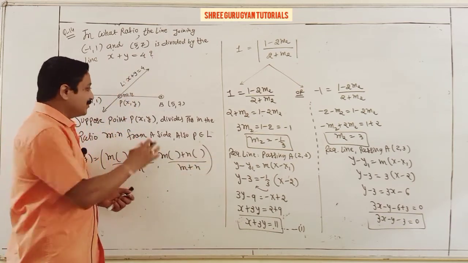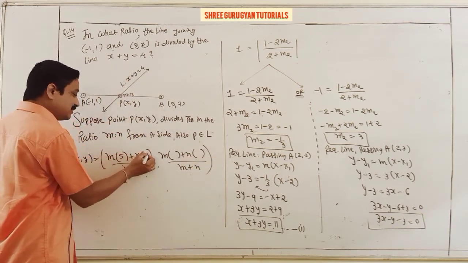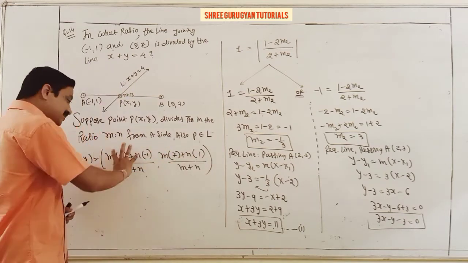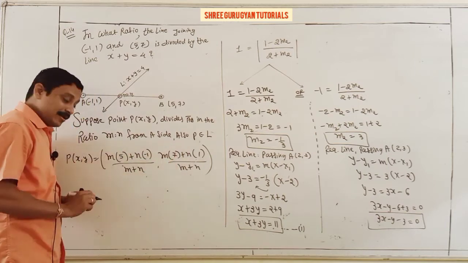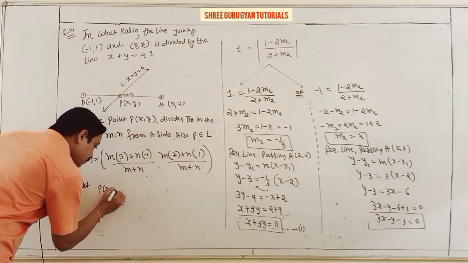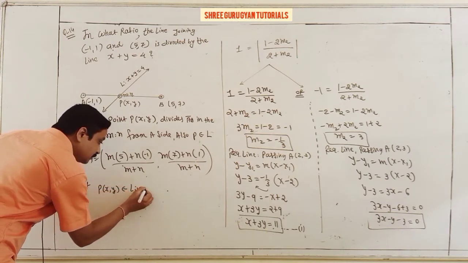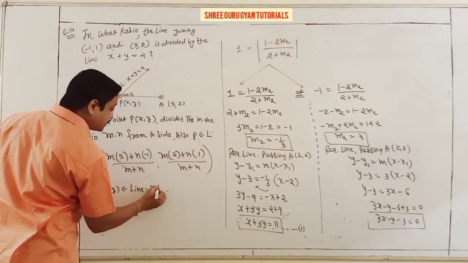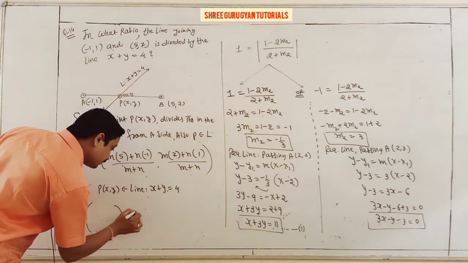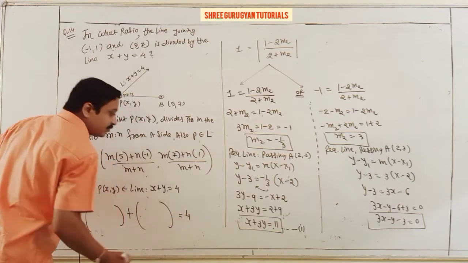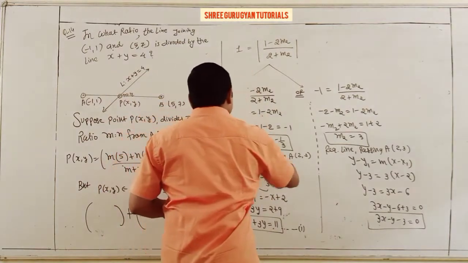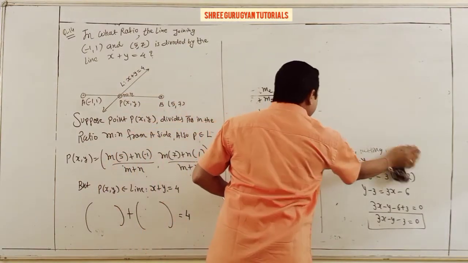Simply apply your values: 5, minus 1, now 7, 1. Students, this value is x and that is y. But we take P(x, y) belonging to line L. What is the line? x plus y equals 4. So you put x here, y here, and 4 here, and simply you will derive the m:n ratio, students. And the m:n ratio, that's your answer.